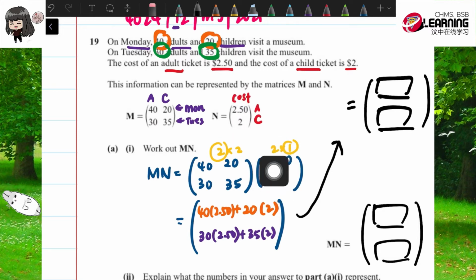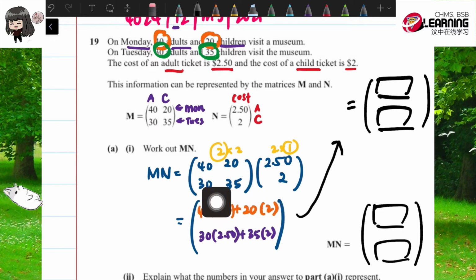This is the price of the ticket, and this is the number of adults and children visiting on Monday. The 40 you times with $2.50, and the 20 children you times with the $2 each ticket. So you are finding the total price for Monday, this one.